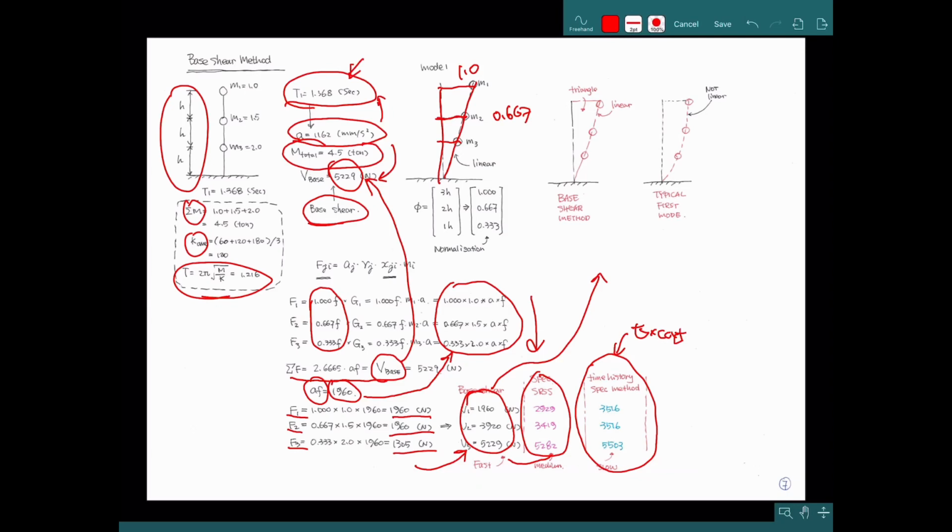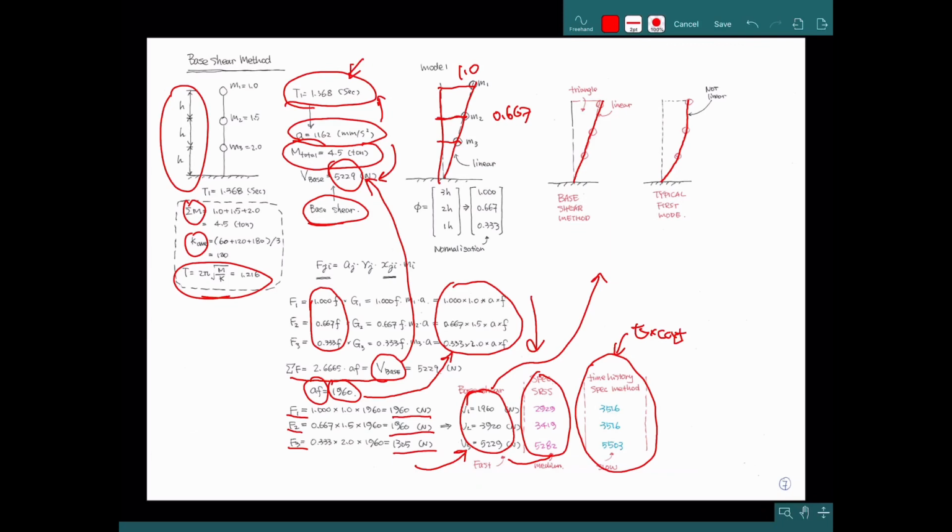It also needs the mode shape, but we just assume the mode shape is linear, like a straight line. Actually, sometimes the mode shape is more like a parabolic curve, but we just assume the first mode is a straight line. So there will be a lot of error inside. So this is a simple calculation of the base shear method.